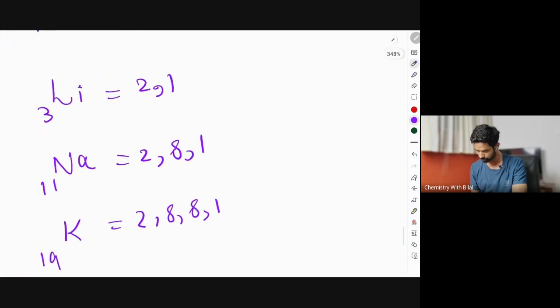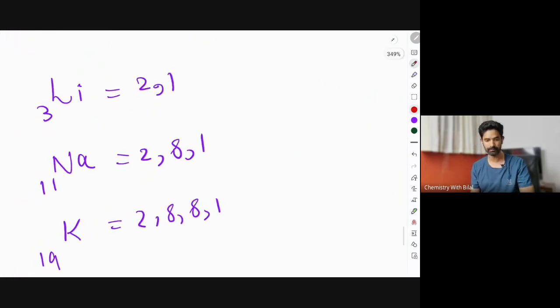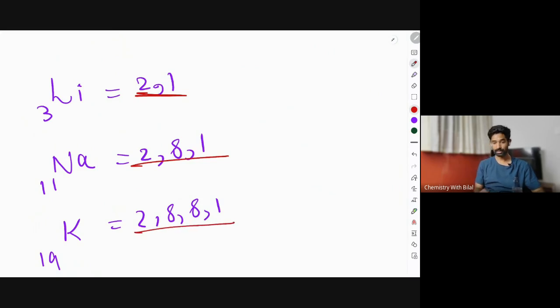If you look closely at all 3 atoms, particularly their configuration, how many occupied shells does lithium have? Ryan, how many occupied shells does lithium have? Occupied shells of electrons. 2. Sodium has 3. Potassium has 4. So as you move to the next atom in the same group, an extra shell is added.